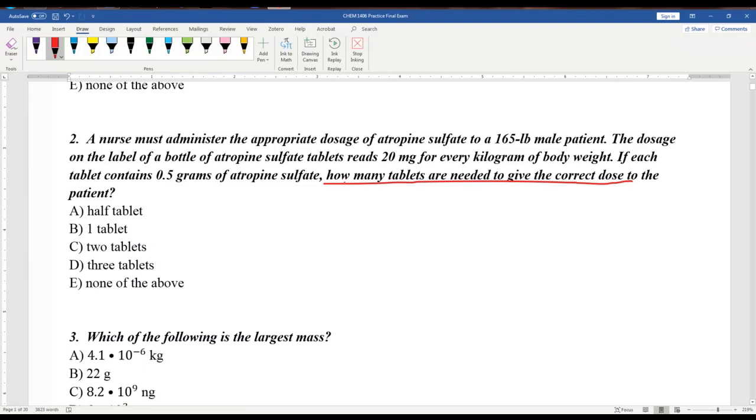Well, the correct dose is based upon the weight of the patient. So the patient's weight is what I'm going to need to start with.